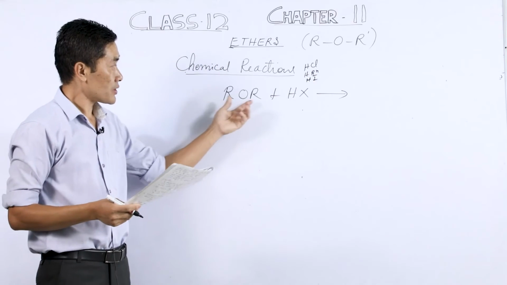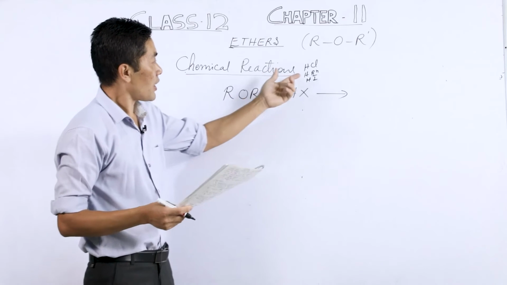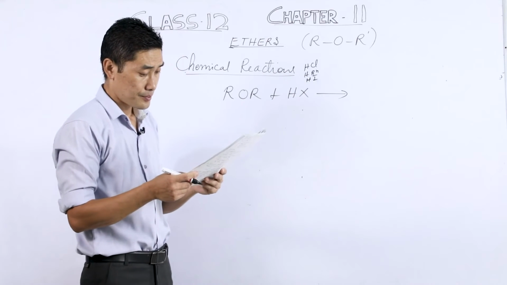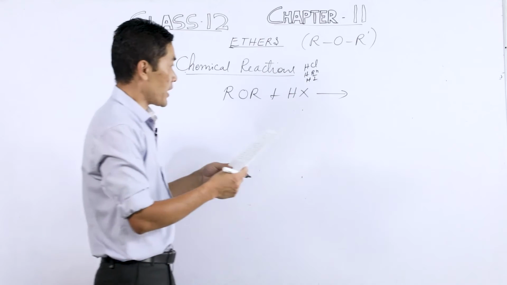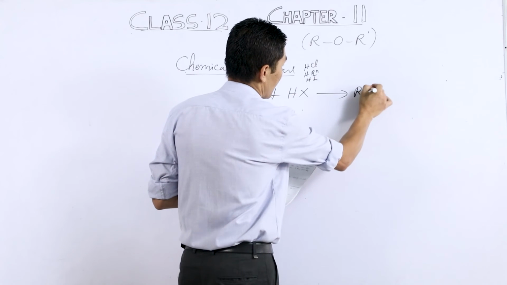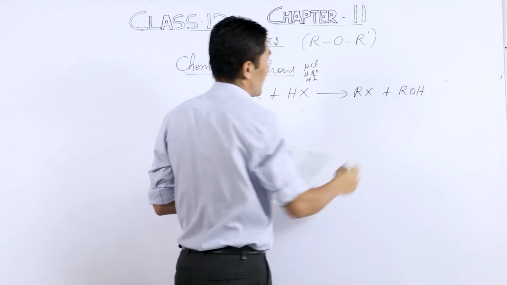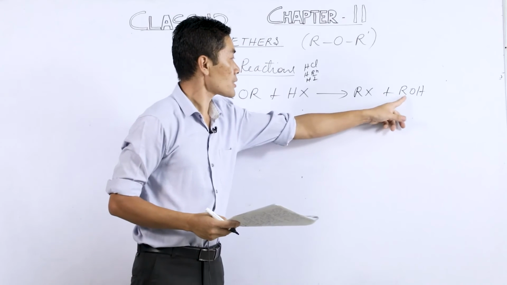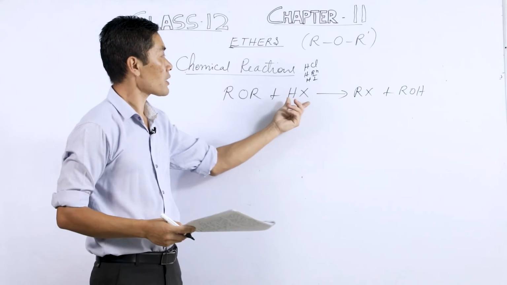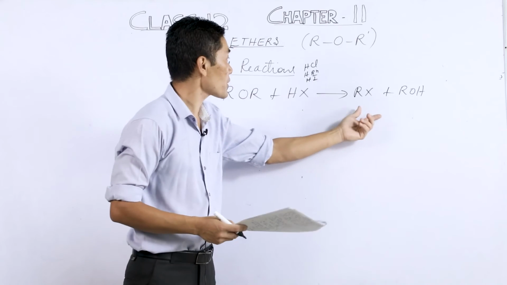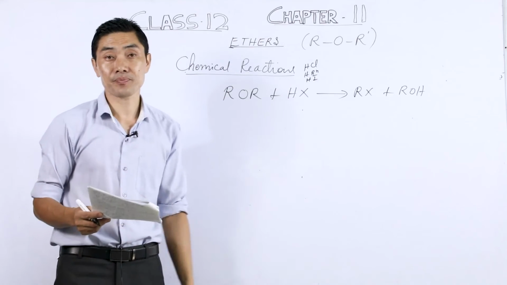When the ethers are treated with excess of hydrogen halides, then we obtain alkyl halides and alcohols. And these alcohols can also further react with hydrogen halides to produce another molecule of alkyl halides.